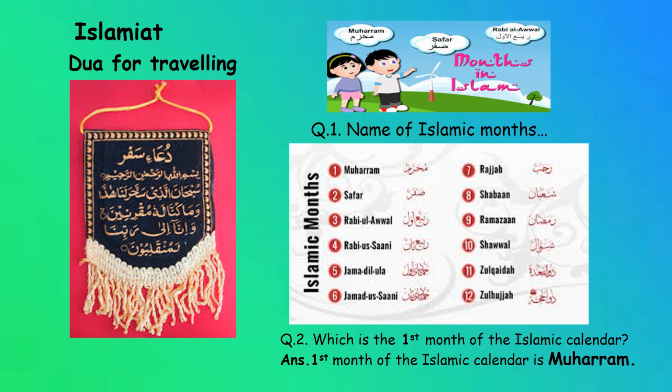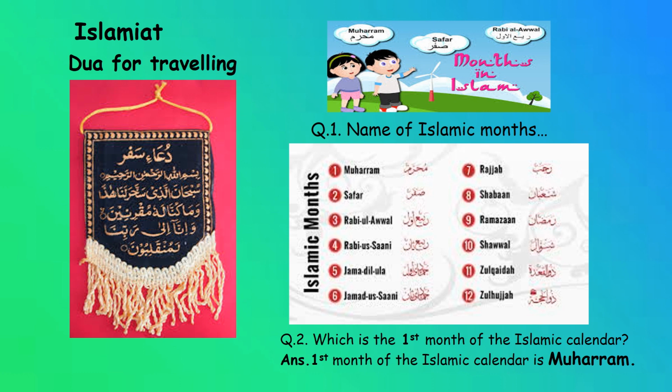Number 8, Shaban. Number 9, Ramadan. Number 10, Shawwal. Number 11, Zilqat. And the last Islamic month, number 12, Zilhajj. Children, you have to learn these names of the month at home.